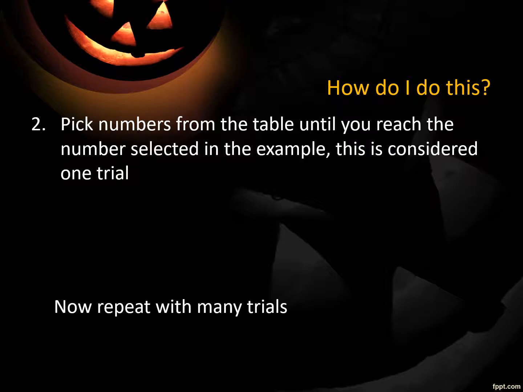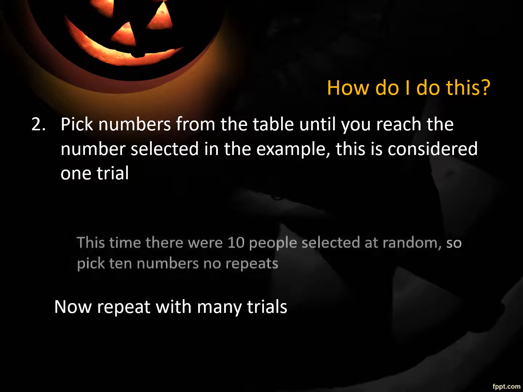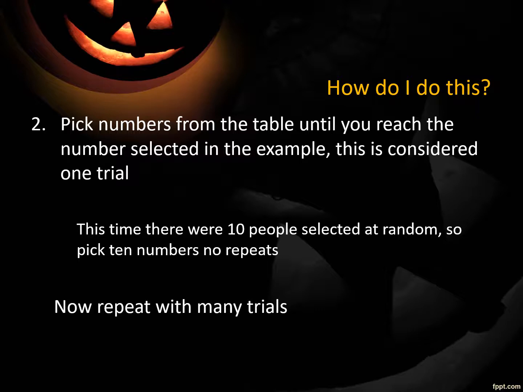So I'm going to look for 10 numbers in my random digits table. When I find those 10 numbers, I'm going to see which of them represent first class. I would pick 10 numbers with no repeats, because once a person is selected, they can't be selected again from the TSA.